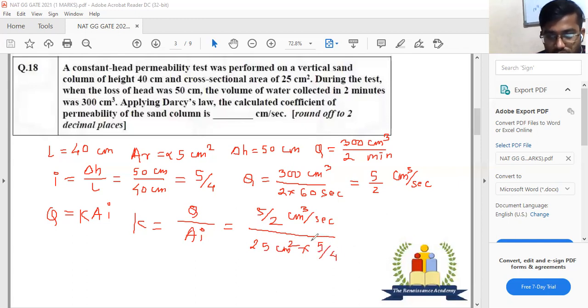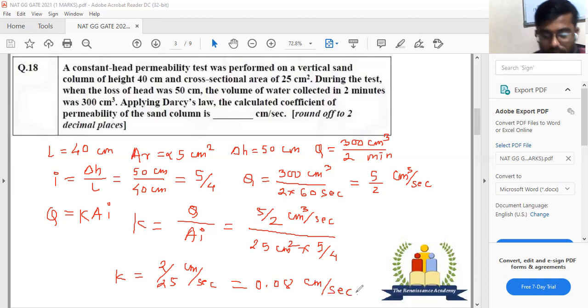So if you solve this, you will get a value of K, which is 2 by 25 centimeter per second, which is equivalent to 0.08 centimeter per second. Round off to 2 decimals. This is your final answer. And moving on, next question.